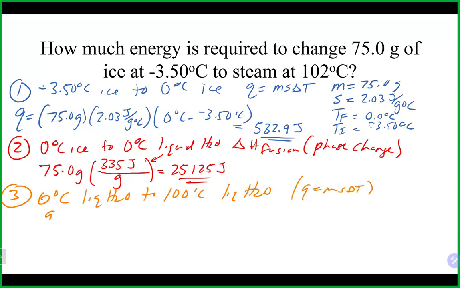So putting it in here, we got our 75 grams. In this case, though, this is actually liquid water, which means we do use our 4.184 number. Final temperature 100, initial temperature 0 degrees Celsius, going to get us here 75 times 4.184 times 100.